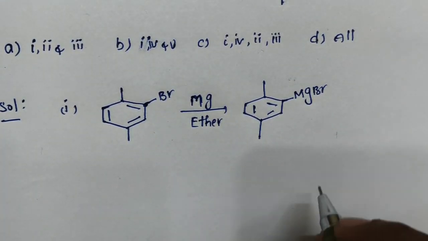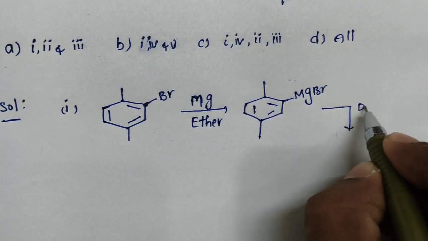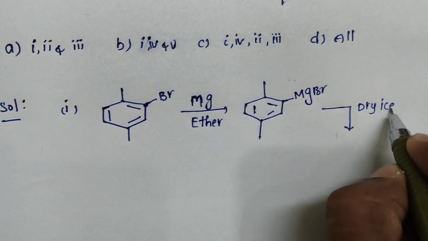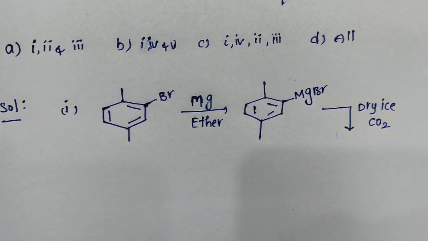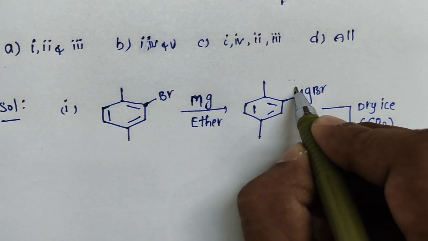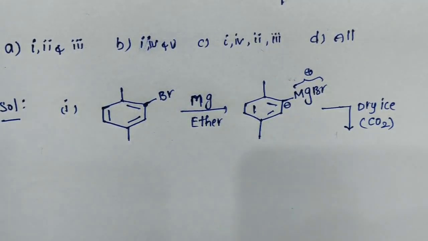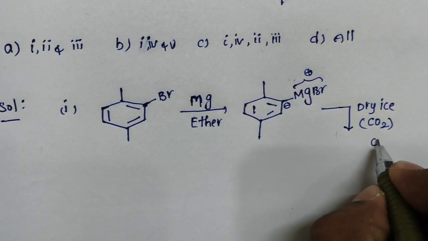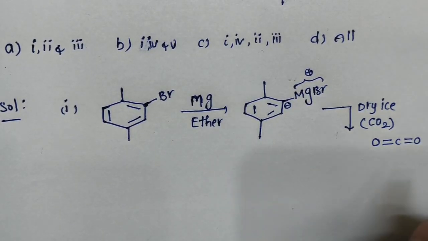Further, this Grignard reagent reacts in the presence of dry ice, the second condition given. Dry ice is nothing but carbon dioxide. MgBr is the positive part, and this complete group is the nucleophilic part. The nucleophilic part attacks the carbon dioxide, O=C=O.